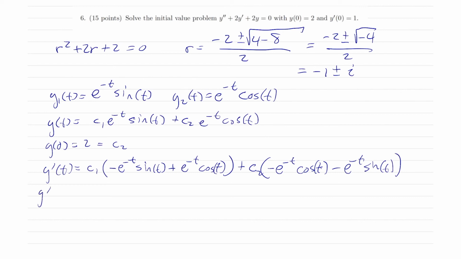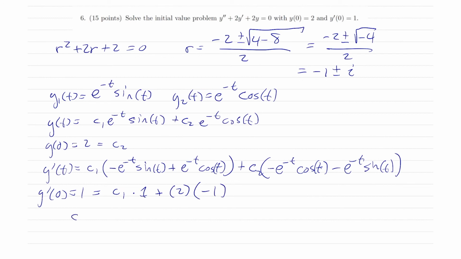Let's see, what is y prime of 0? That is 1, and so now let's go ahead and see what happens. When I put 0 in, this term disappears, this term disappears, this term becomes 1, and this term becomes minus 1. And so we're going to get C1 times 1 plus C2, but secretly I know that's 2, times minus 1, and that is 1.